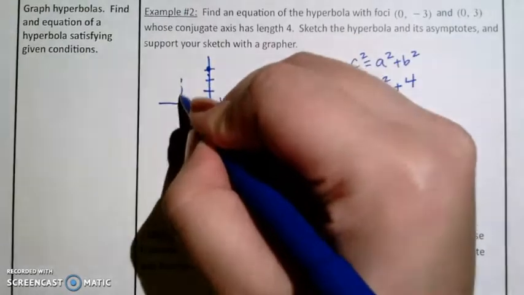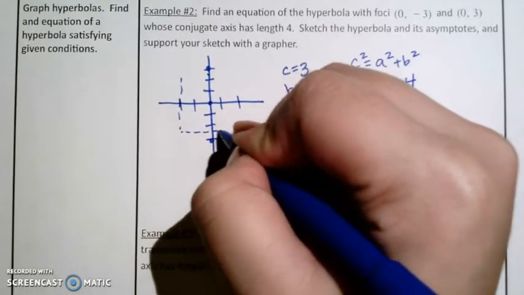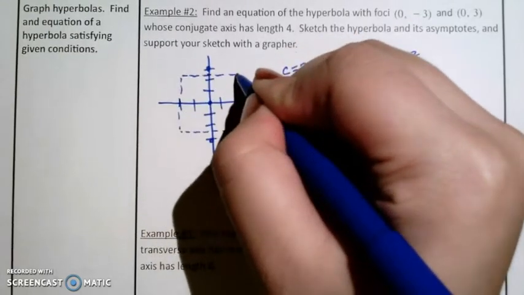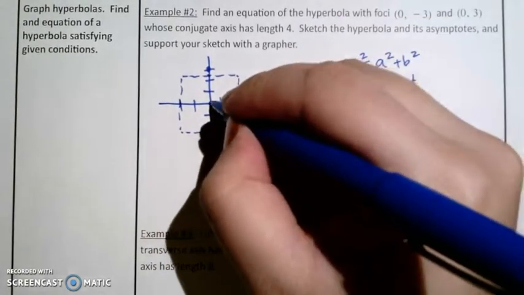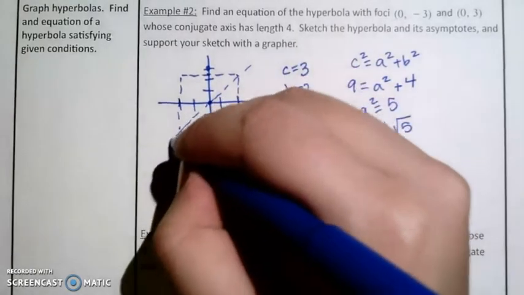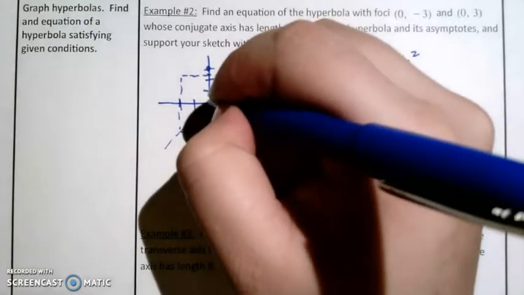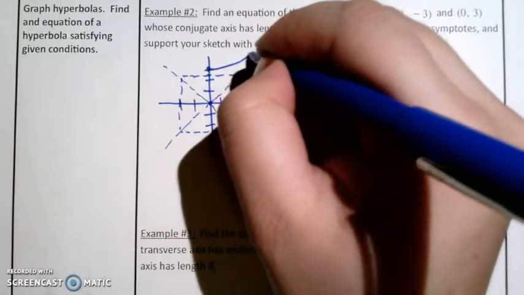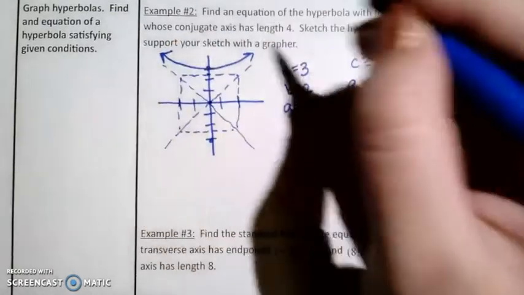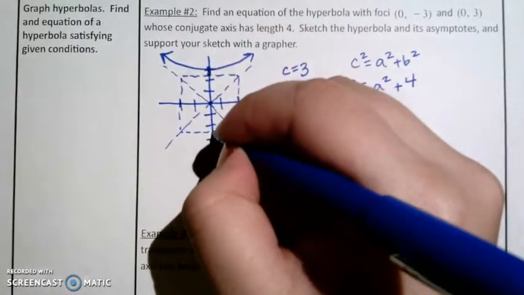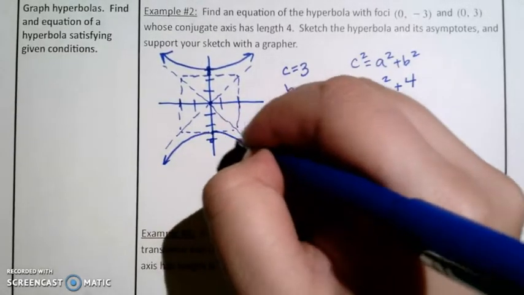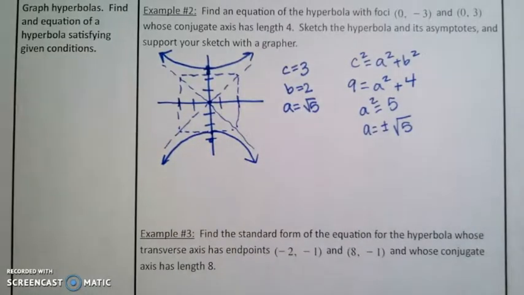So if I draw my little hyperbola box, and out from the center come my asymptotes. So here is the hyperbola. Okay, there's the hyperbola.